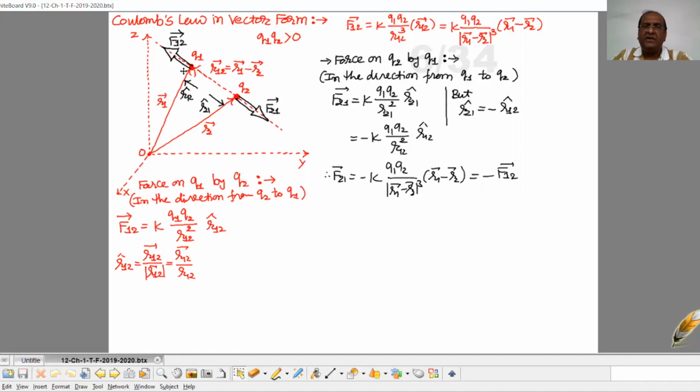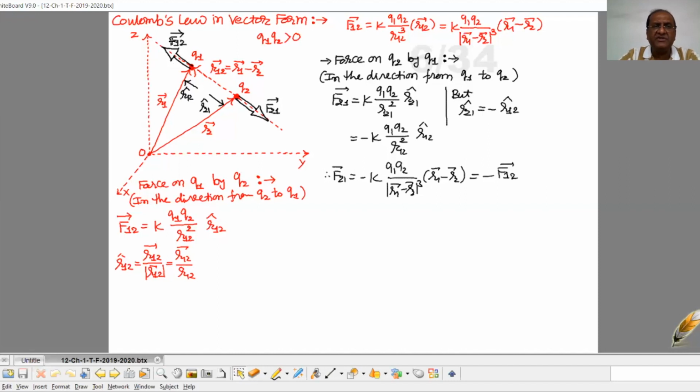Now here q1 q2 is greater than 0, meaning both the charges are positive, so the force between these two is repulsive. So the force on 1 by 2, so 2 repels 1, will be in the direction shown in this figure.